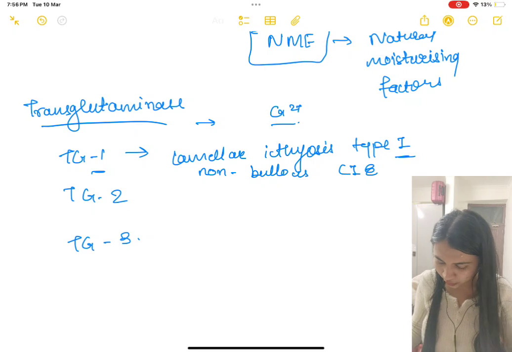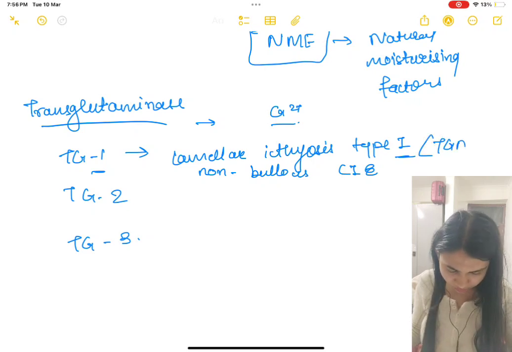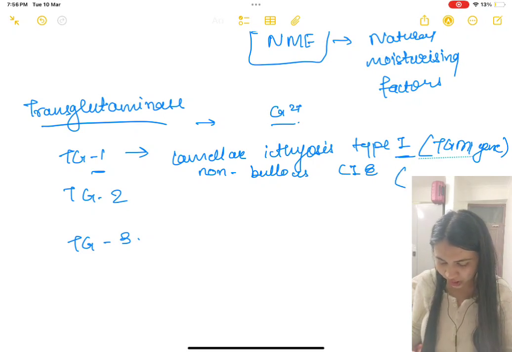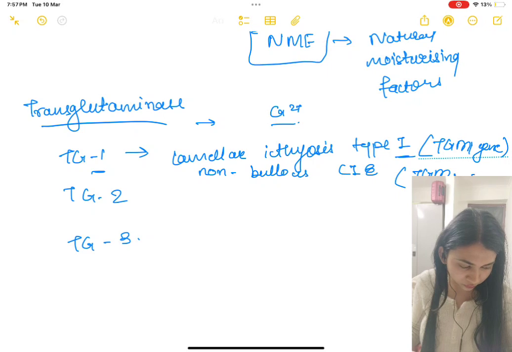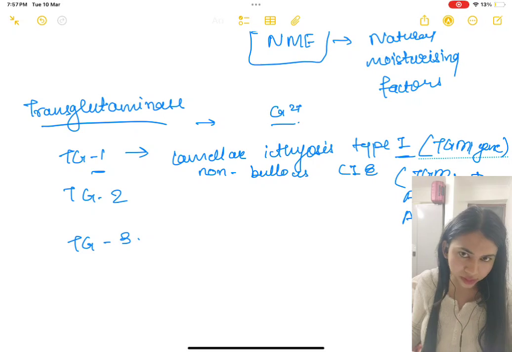Lamellar ichthyosis type 1 is due to which gene? TGM1 gene. We will see ichthyosis in detail in the later sections. And non-bullous congenital ichthyosiform erythroderma is due to TGM1 plus ALOX12B plus ALOXE3.